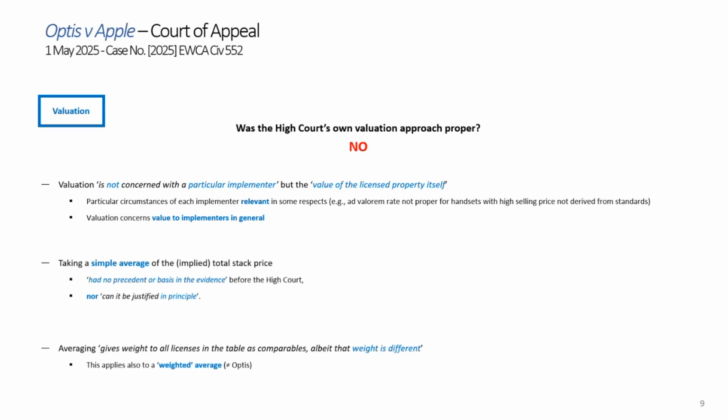And the biggest concern is that an averaging exercise gives weight to all licenses as comparables, although the weight of the licenses is different. So this is fundamentally the critique that the Court of Appeal expressed here, that taking a simple average does not really give the proper weight to the individual license agreements. And this is something that the court should do in order to identify which are the best comparables to use for the valuation.